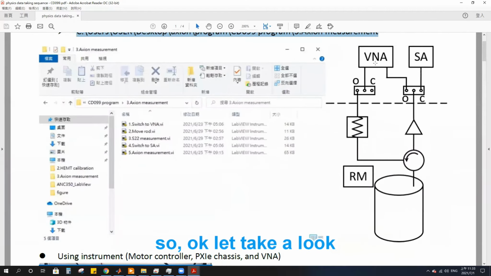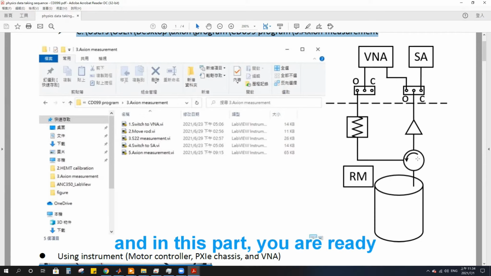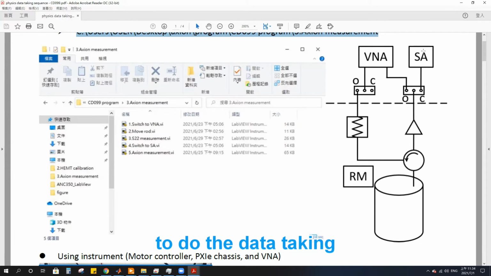So okay, let's take a look. Once the switch is switched to O mode, this means open. Okay, you are ready to do the S22 measurement. And then if you switch this relay to closed mode, this will no longer give a probe power to the cavity, and in this part you are ready to do the data taking.